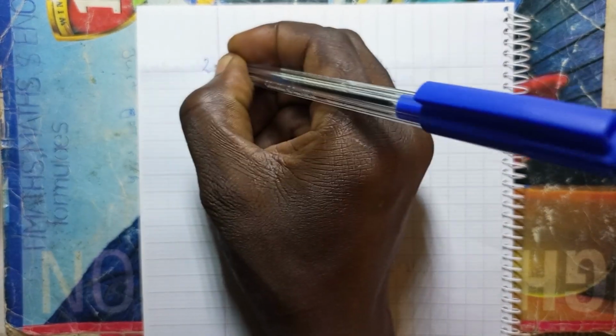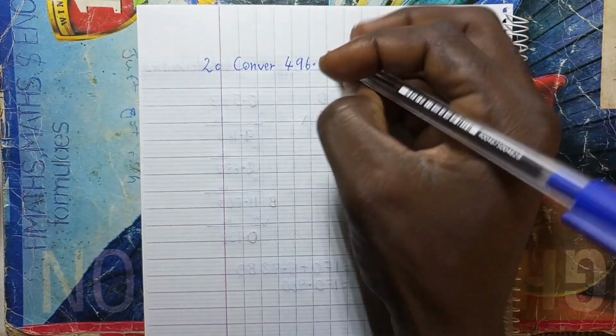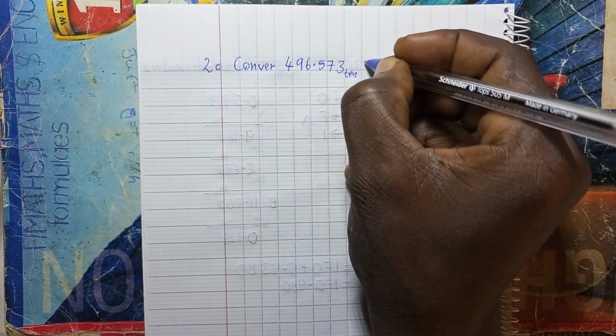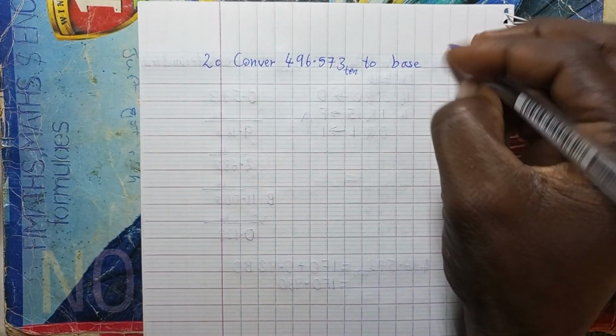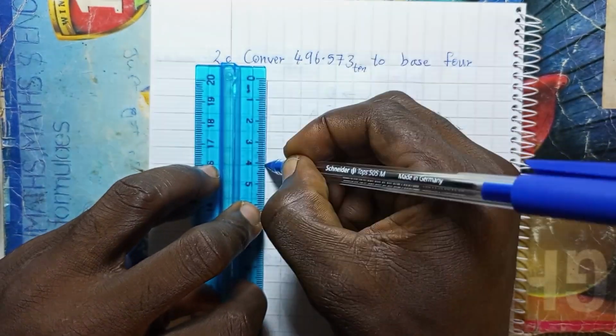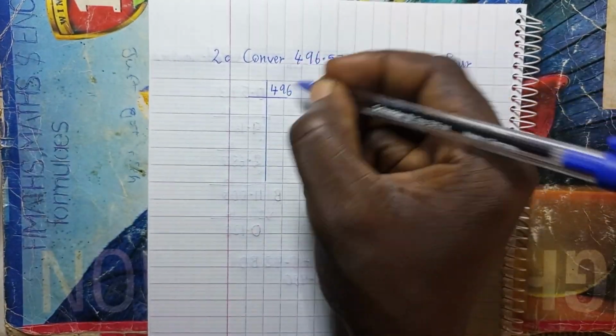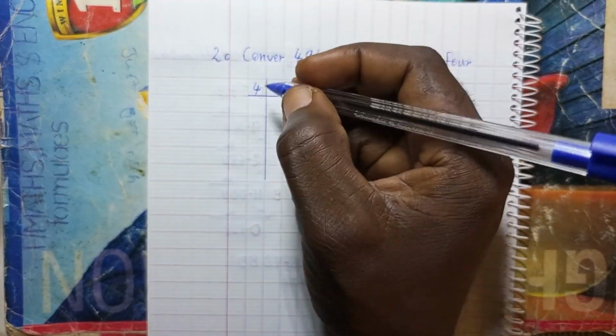And number 2C says to convert 496.573 base 10 to base 4. The same approach again. Right here, 496, the whole number part, and then 4 here, because we're dividing by 4.